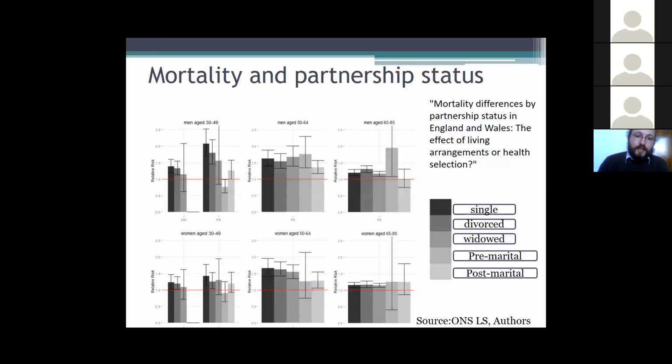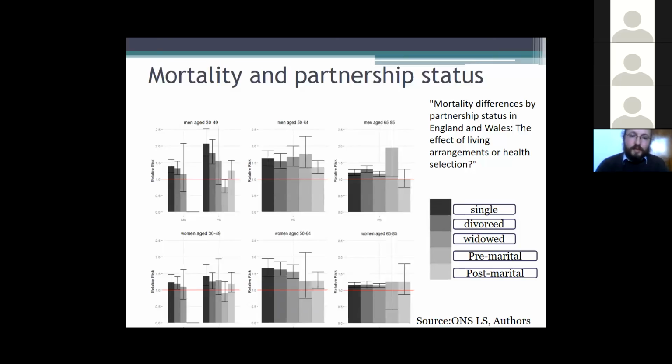These are the results for the other 2 age groups, and what we can basically see from here is that the postmarital group, which is always the last bar in each picture, is always lower than the risk for the divorced and widowed.